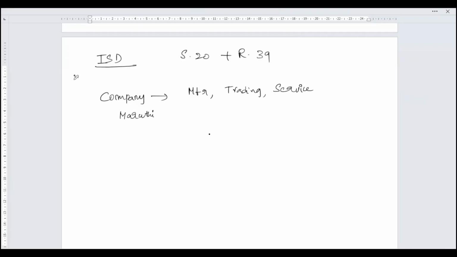In costing, we have one chapter called transfer of cost, interdepartmental costing, where there is a dependency of one department on another. The goods manufactured by Maruti will be supplied through the trading division, and the goods which are sold, service is given by the service division.